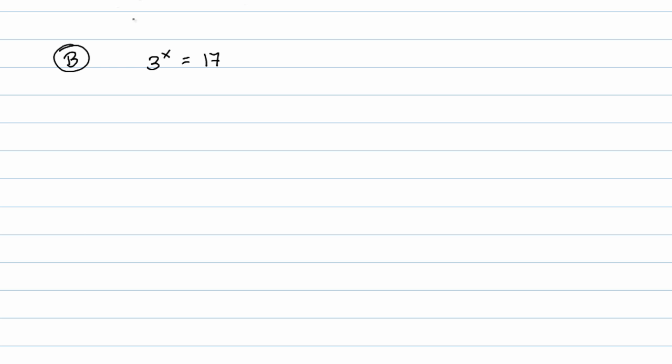So I could take the logarithm of both sides, base whatever I want. So I could say log base 10 of both sides. And that's actually what I tend to do when I teach. I take the log base 10 of both sides and I get log base 10 of 3 raised to the x power equals log base 10 of 17.